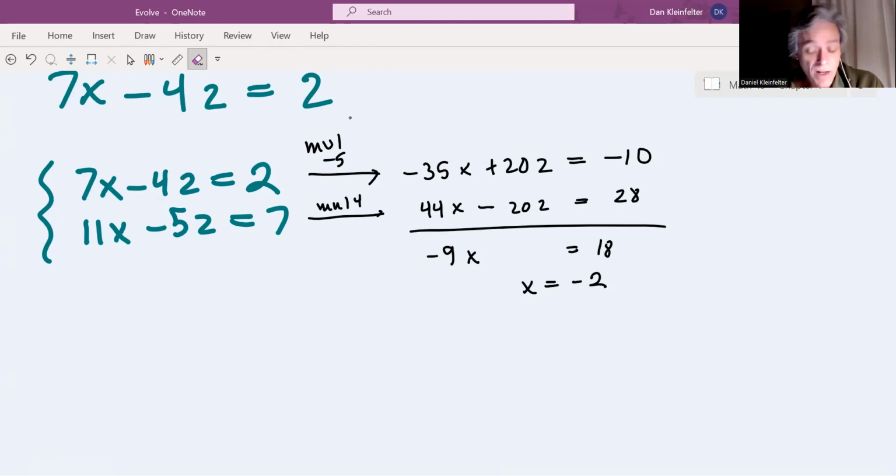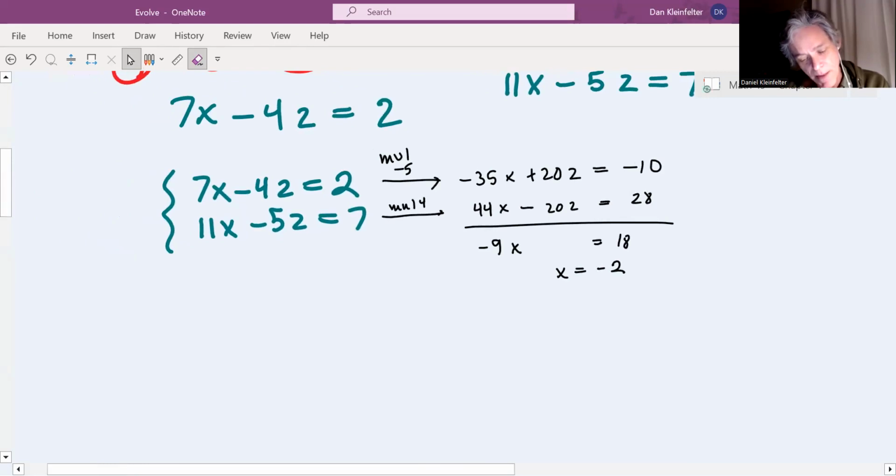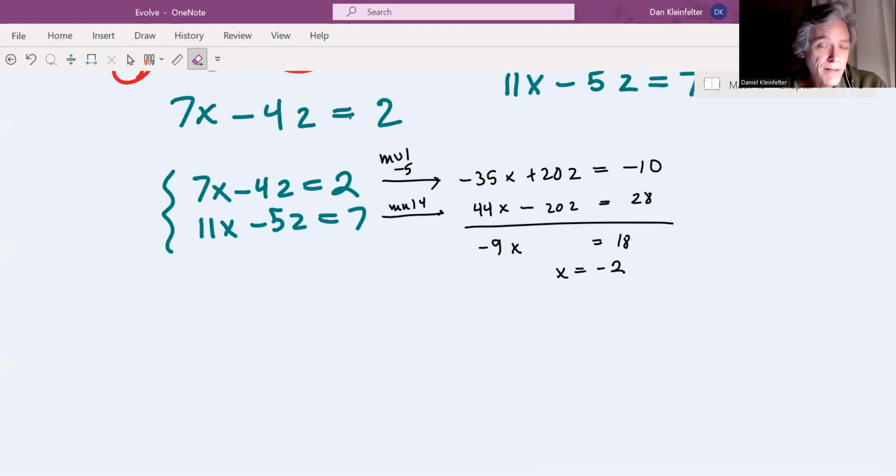Okay, once we found the value for one variable, we'll start working our way back. Again, it doesn't make a difference what equation we back substitute into, as long as we have a value for all but one of the variables. So I'm going to plug it back into this equation just because it's close.